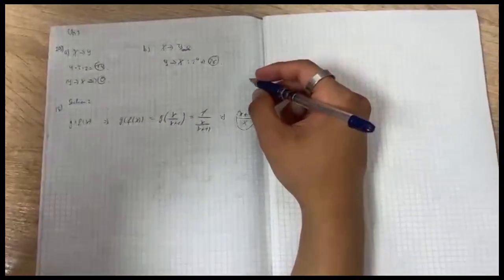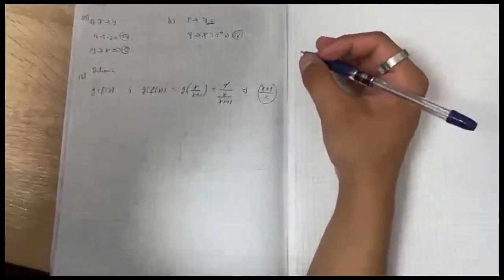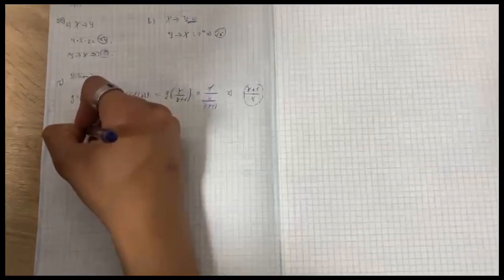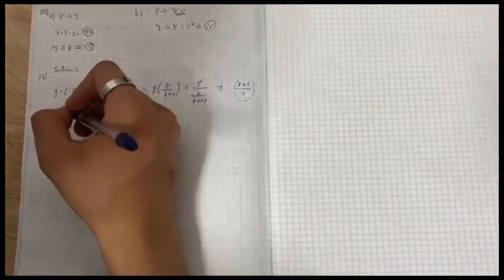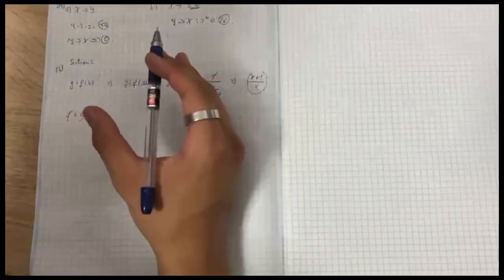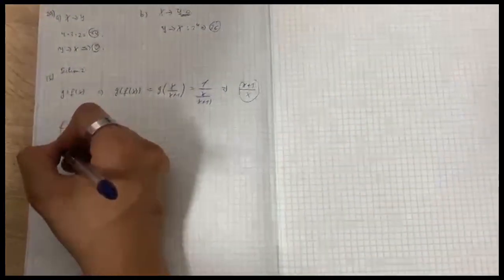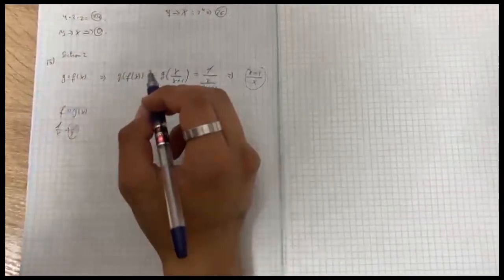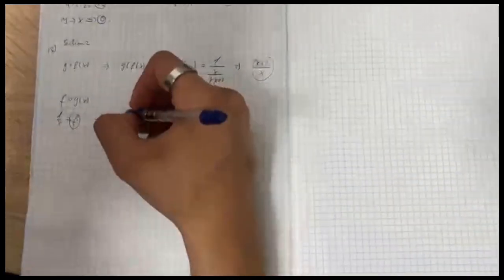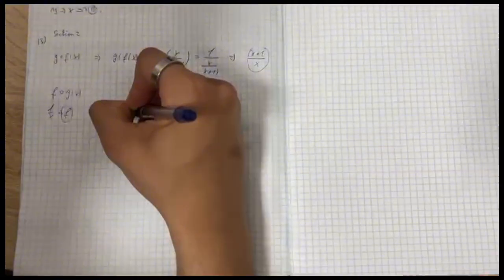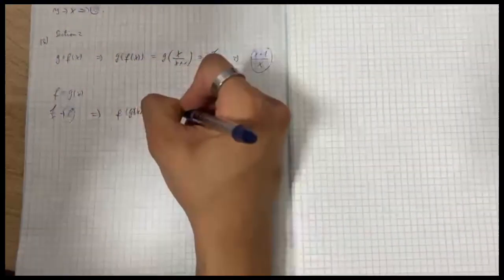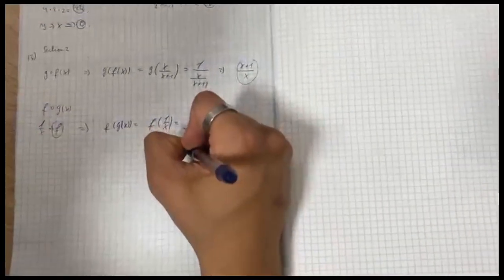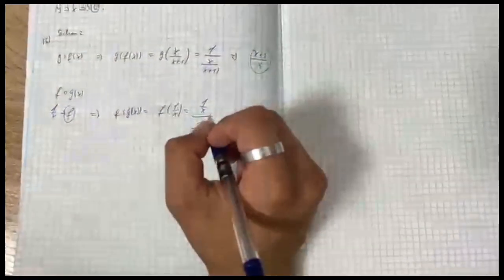So now we do this in reverse. For the reverse we need to find f of g. We need to put 1 over x into f. So it's going to look like f of g of x, 1 over x divided by 1 over x plus 1.